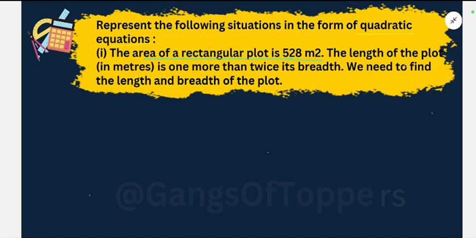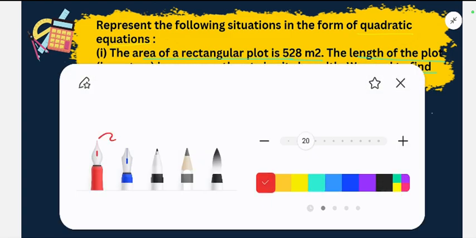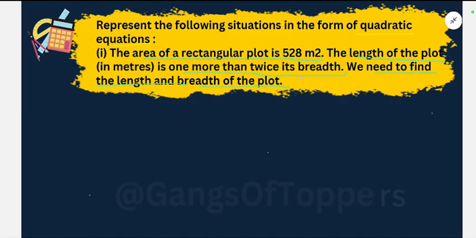If the length of the plot in meters is one more than twice its breadth, then we need to find the length and breadth of the plot. We just need to form a quadratic equation. We need not solve this equation in the question. Okay, so we will start.